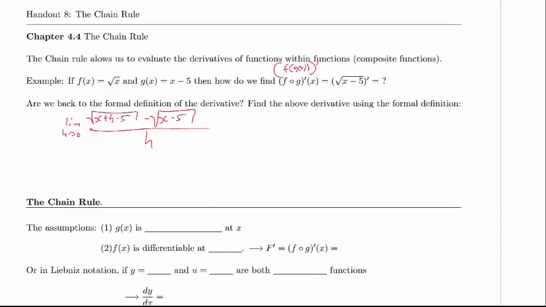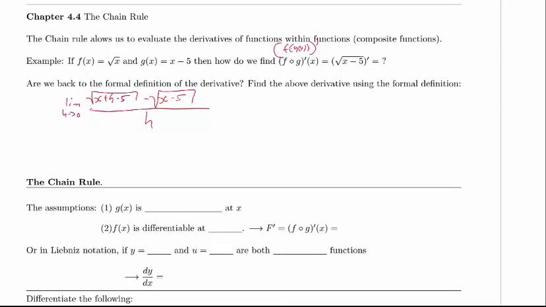So enter the chain rule. For the chain rule, we're using two basic assumptions. The first assumption is that g of x is continuous and differentiable.